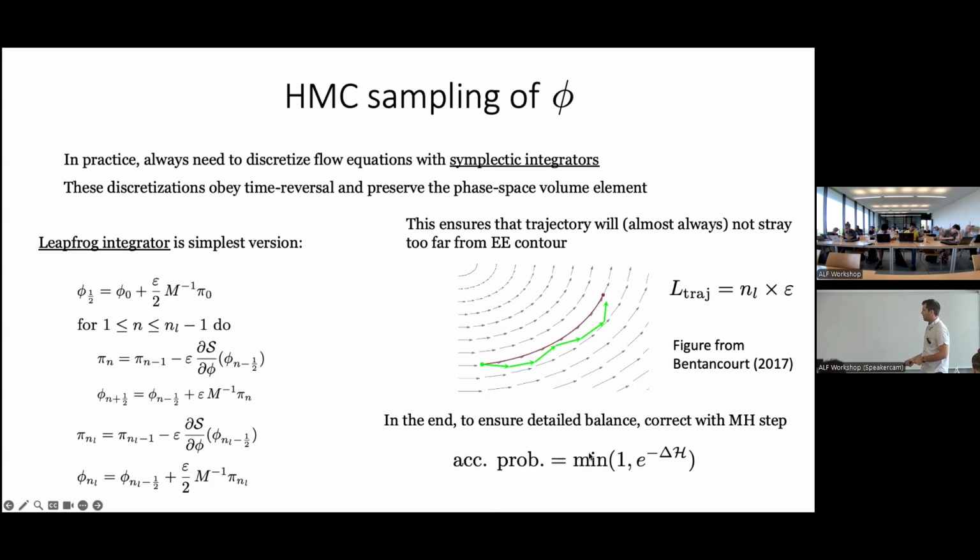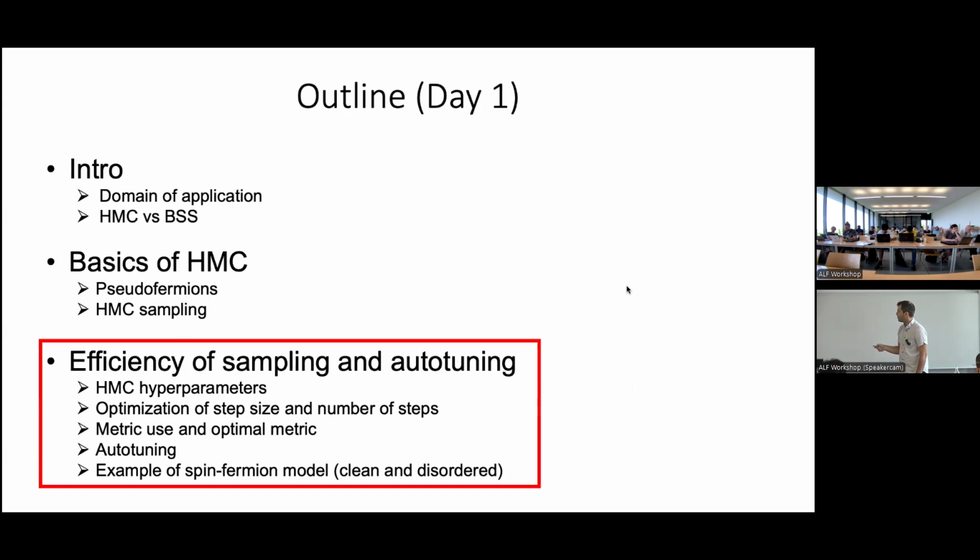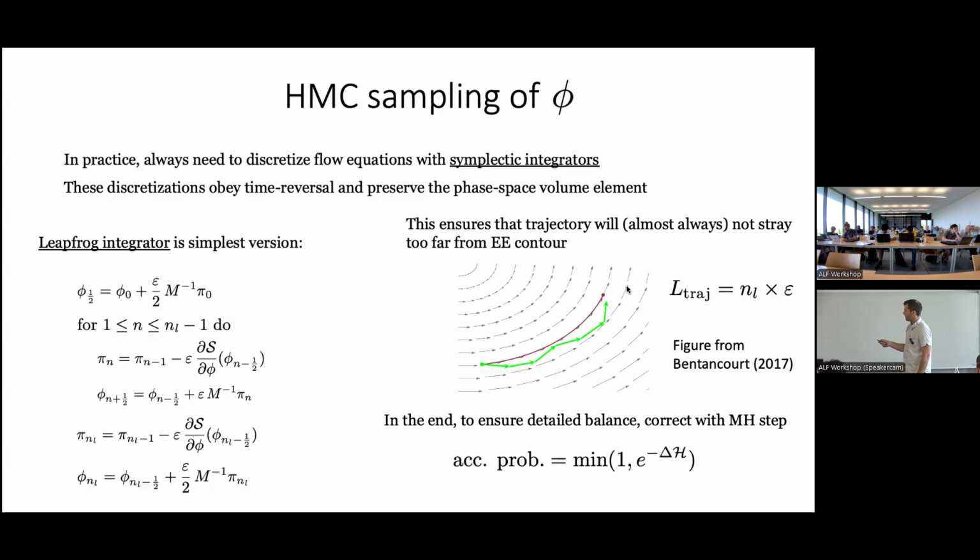Notice that in this acceptance probability, the forward in time and backward in time updates cancel because this update obeys time reversal. So what you're left with is just comparing the value of the Hamiltonian at the beginning of the trajectory and at the end. It's a very simple acceptance probability, and this gives you your updates. That's basically all of HMC sampling.